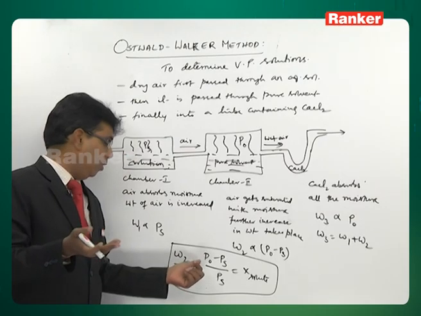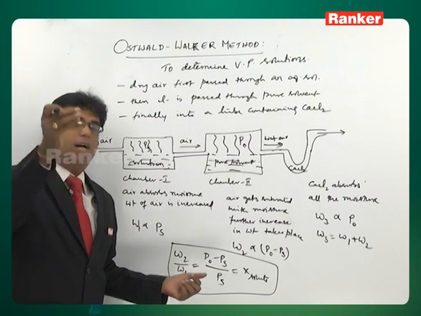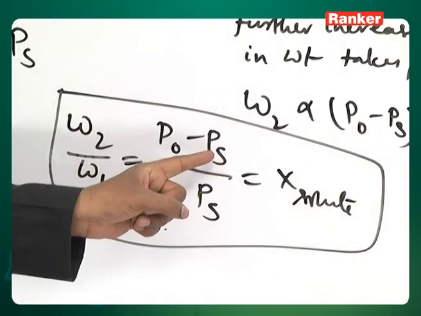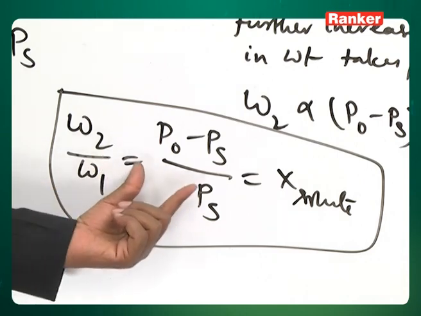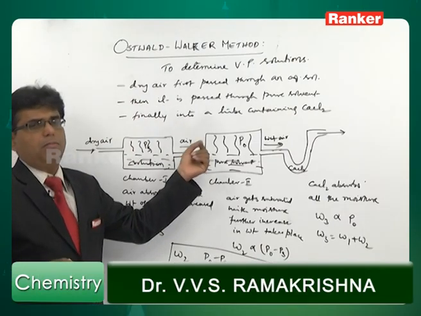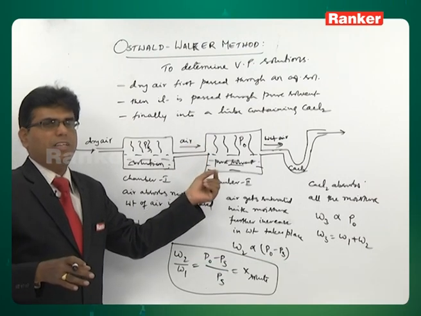For that particular solvent, when you add a little amount of solute, how the vapor pressure changes, you can determine from this equation. So, finally this is a very simple method to determine the vapor pressures of solutions.